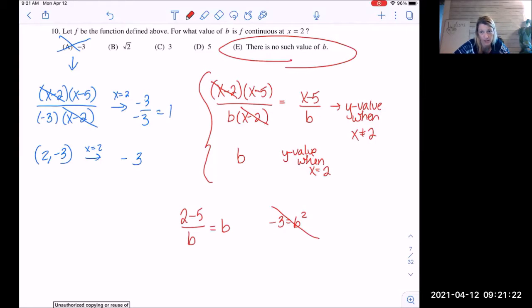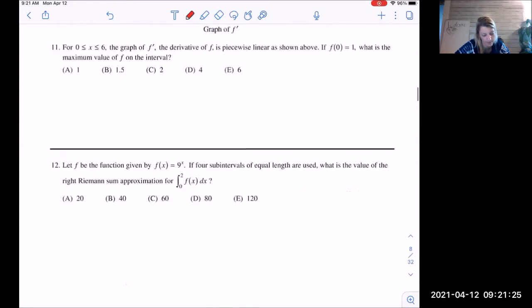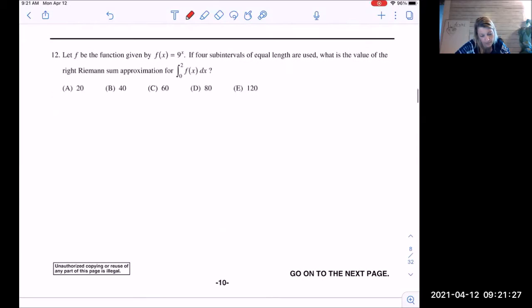Okay, all right, 12. F of x is 9 to the x. If 4 subintervals of equal length are used, what is the value of a right Riemann sum approximation for 0 to 2? So I would make the table. That's how we like to make them, right?